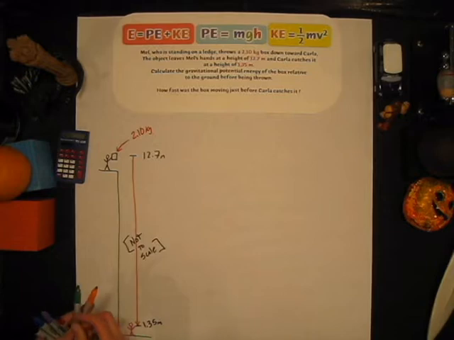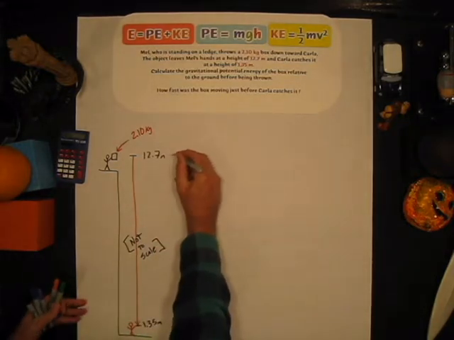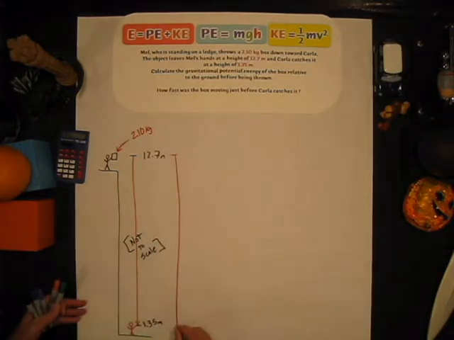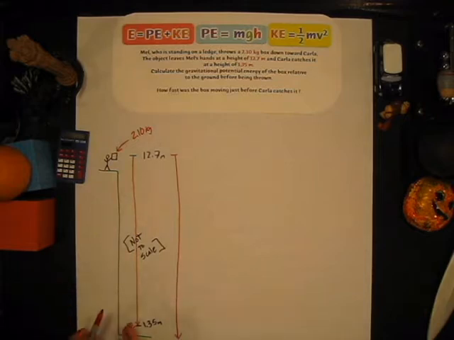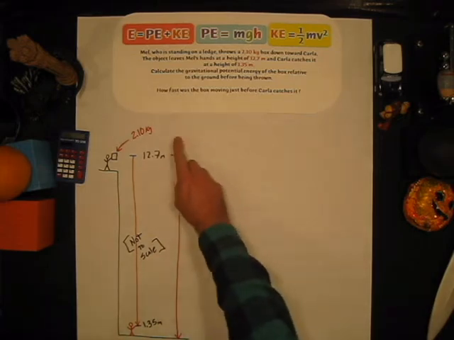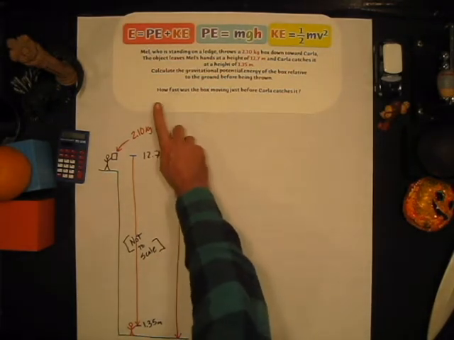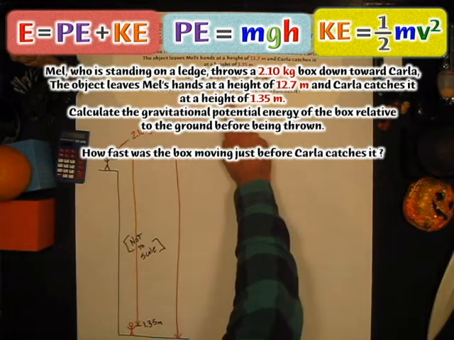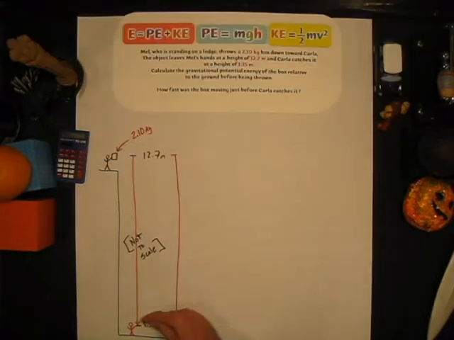Watch out, that's not the same as where she catches it. It's close, but it's not the same. Let's do that first one, and then the second part is how fast the box is moving just before Carla catches it.